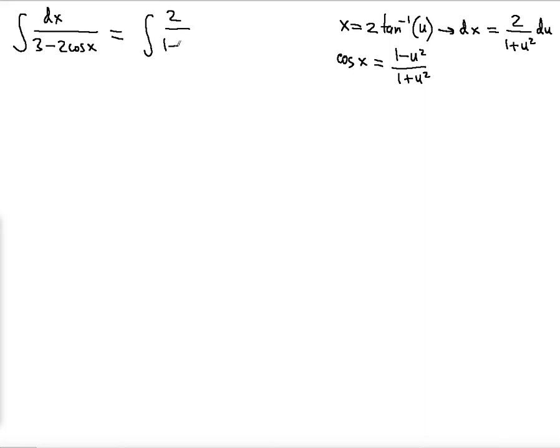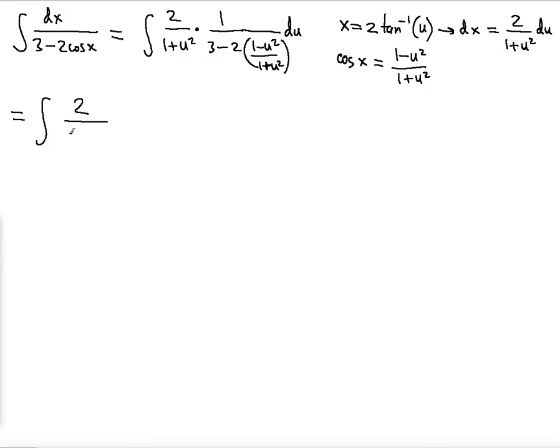So 2 over 1 plus u squared. We'll put the du in the end, and then 1 over 3 minus 2, the cosine is this, right? 1 minus u squared over 1 plus u squared du.